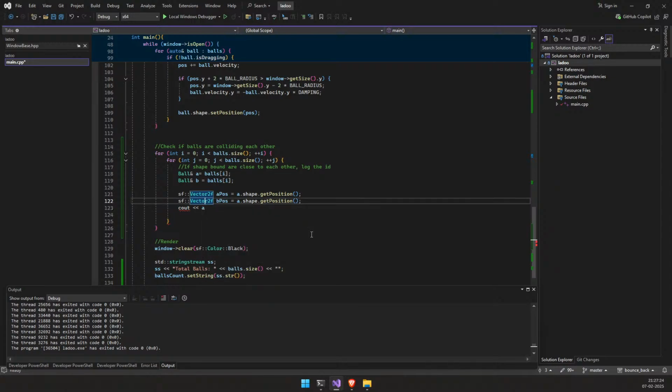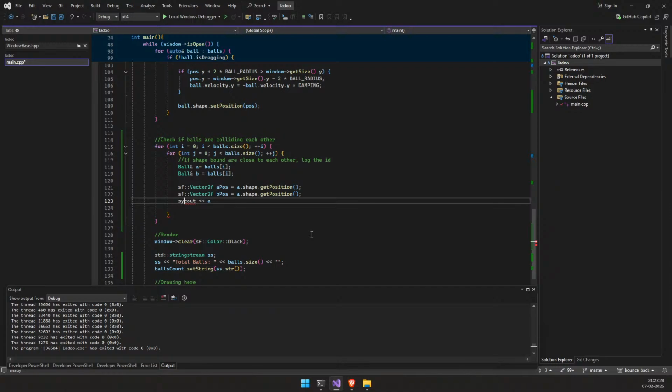A lot of logs, but okay. Position x, a dot position, a position dot x.